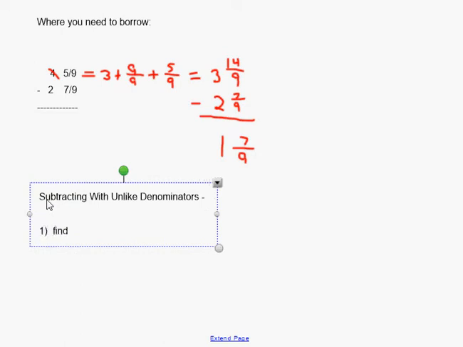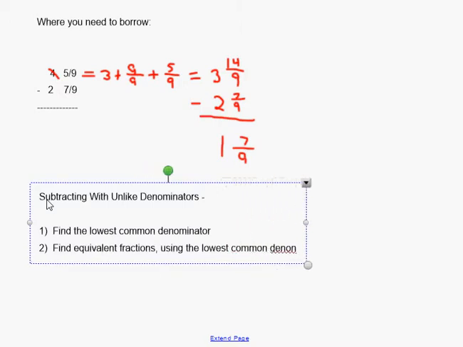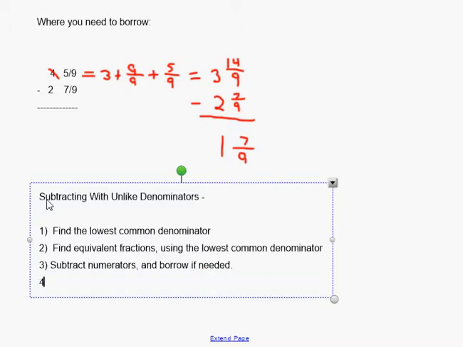First you need to find the lowest common denominator, and then you need to find equivalent fractions using the lowest common denominator, then subtract numerators and borrow if needed, and reduce the answer if possible. Always need to reduce that answer if possible.